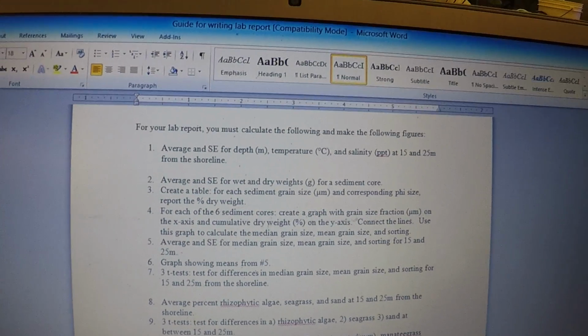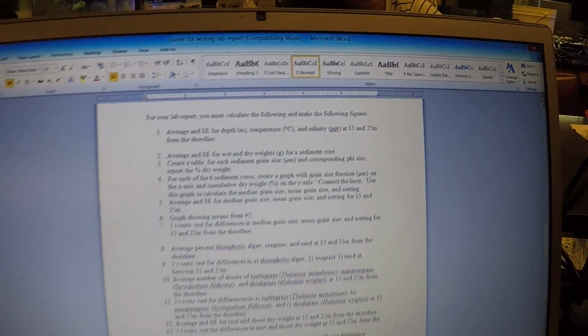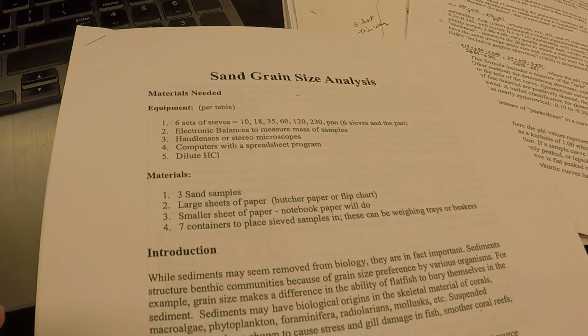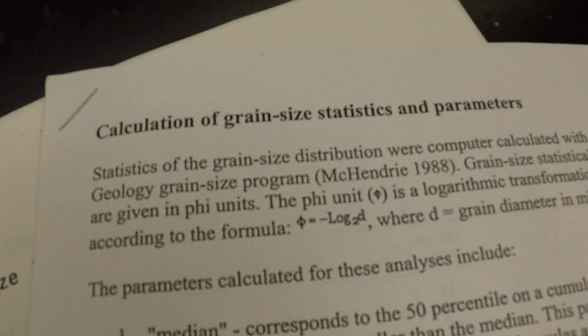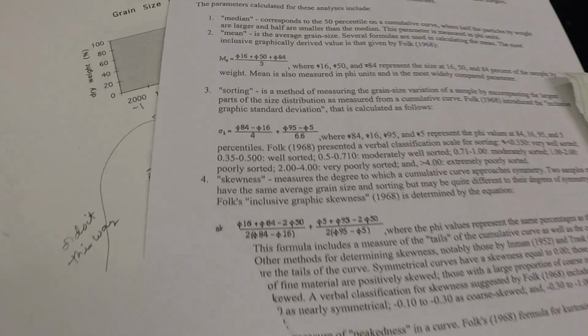And to do that, you're going to go ahead and look at these documents, the sediment grain analysis, or sand grain analysis, and then also the calculation of grain size stats and parameters.